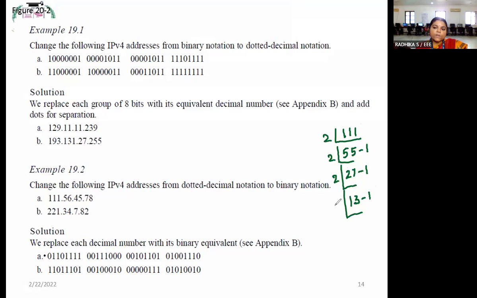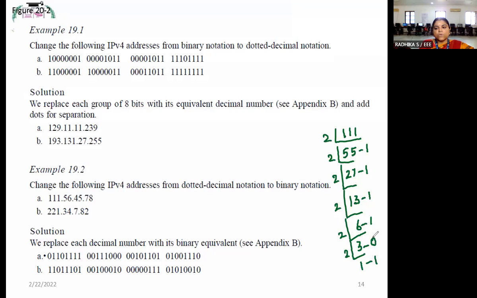Going on further, I'm just doing division, and if there is any remainder, I'm adding that. If there is no remainder, I put 0. So 6 divided by 2 is 3 times, as there is no remainder, I'm writing 0. And again if I divide 3 by 2, it is 1 time and the remainder is 1. As this number is lesser than 2, I'm stopping, and you have to read from bottom to top.